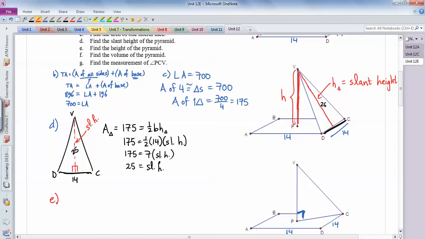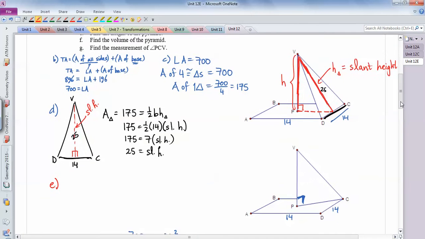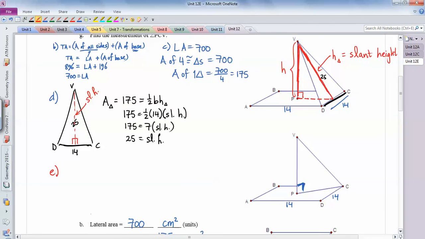Well, notice we got the 25. So what we could do is draw this line in right here. Now, since I don't have a picture that shows this triangle by itself, I'm going to draw it in by itself down here. So here's the base. That's A, B, C, D. And then here's the actual height of the thing.